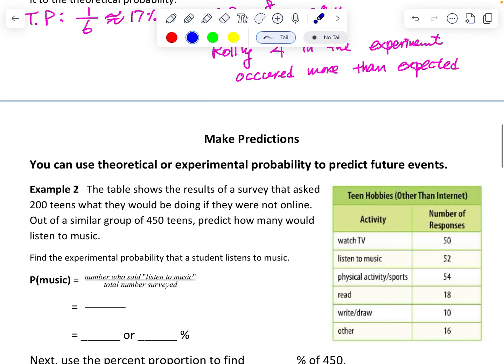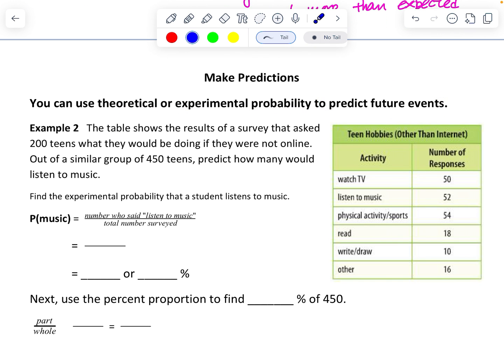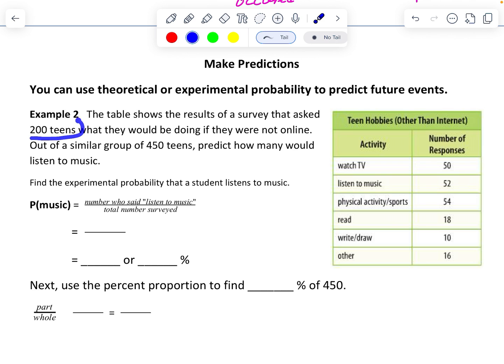Making predictions. Now we can use a theoretical or experimental probability to predict future events. Let's look at this one now. The table shows the results of a survey that asked 200 teens what they would be doing if they were not online, on the phone or on the computer. Out of a similar group of 450 teens, predict how many would listen to music.